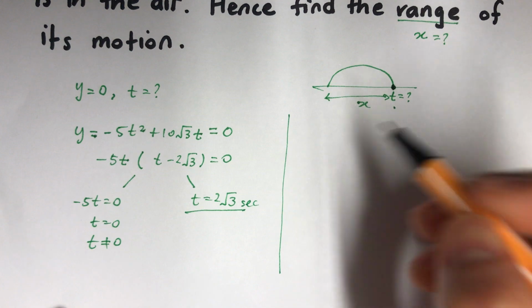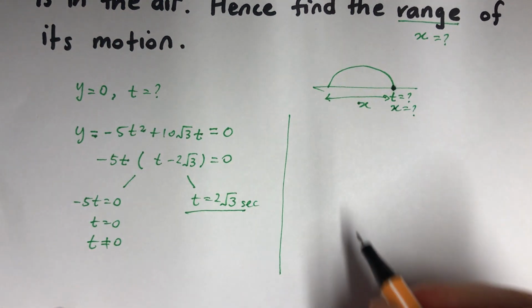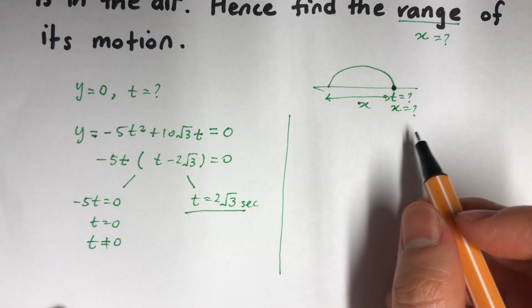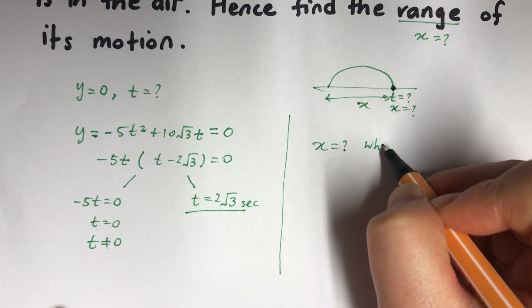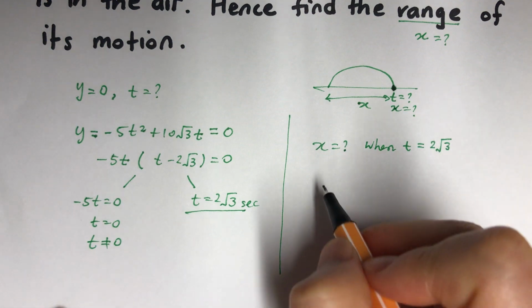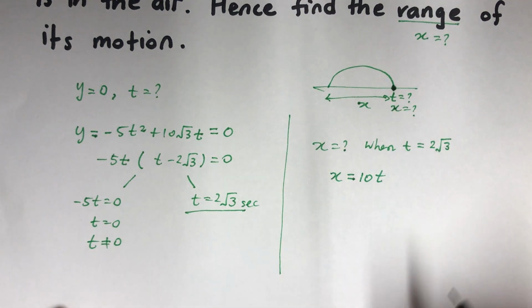So now we found the time. Now we need to find the x of that. Okay, so this is like the maximum range. So x when t equals 2 root 3. So what was it? X was 10t, wasn't it?